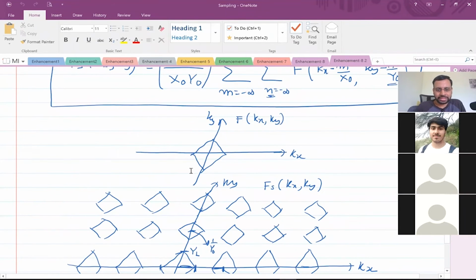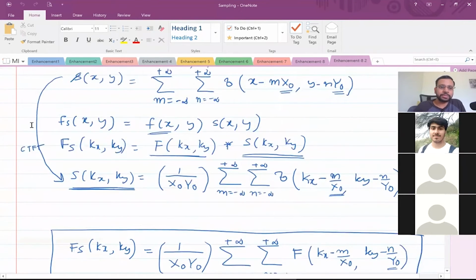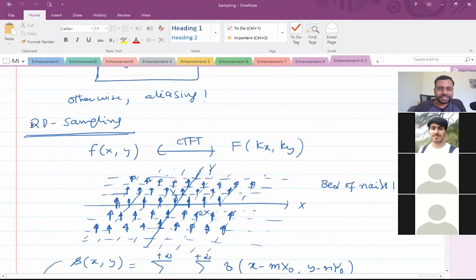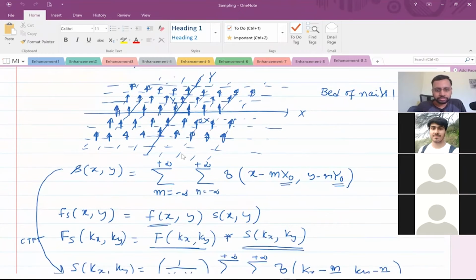On the ky, for example, this value should tell you how many copies you could place there, right? That's the frequency spectrum. In other words, the frequency spectrum of f of xy is what governs or influences the ideal or the minimal sampling rate that we should have along x and along y, right?